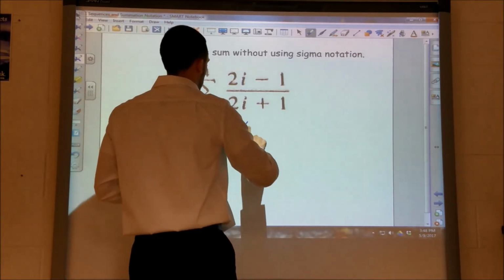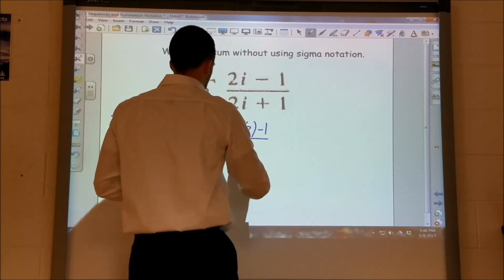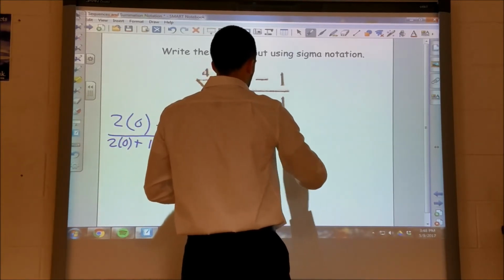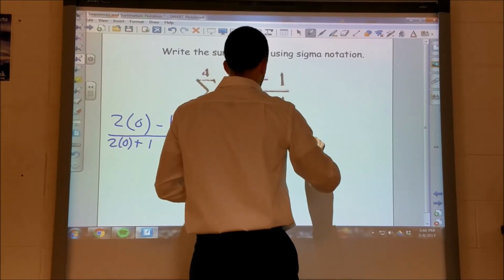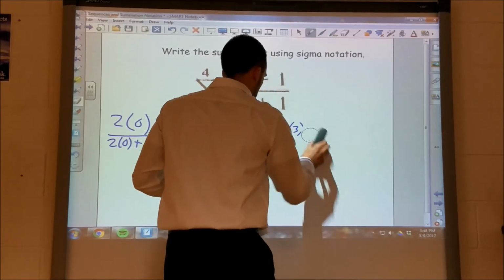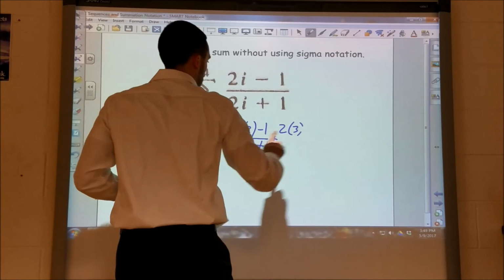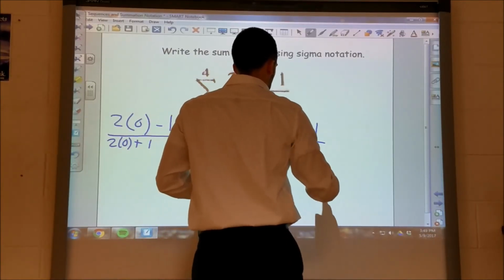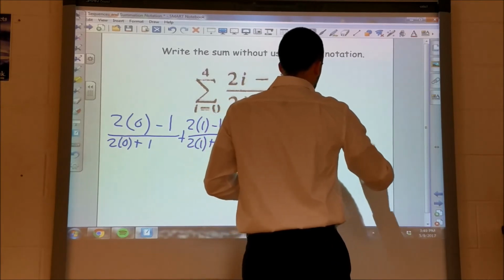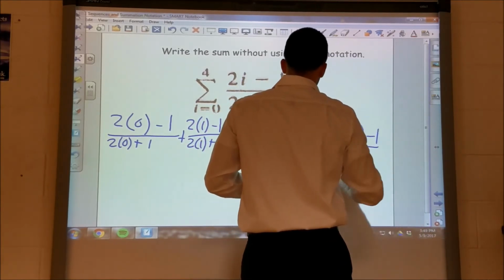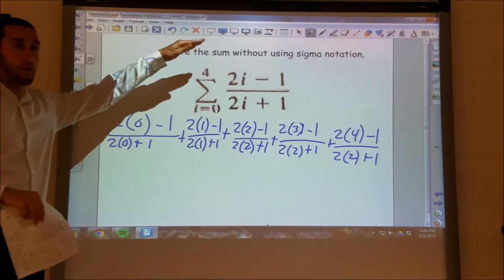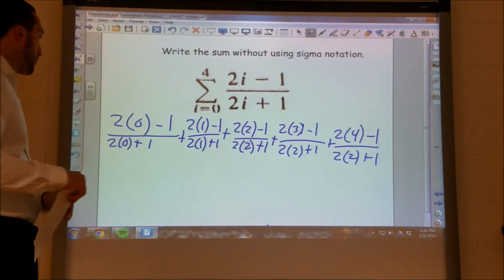Then a 2, a 3, and then finally a 4 in every time I see an i, because I am just going from i equals 0 to i equals 4.